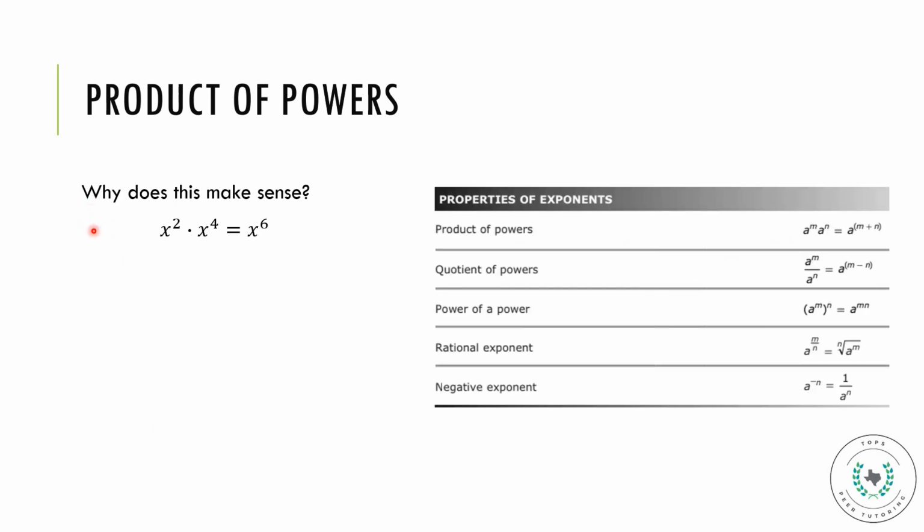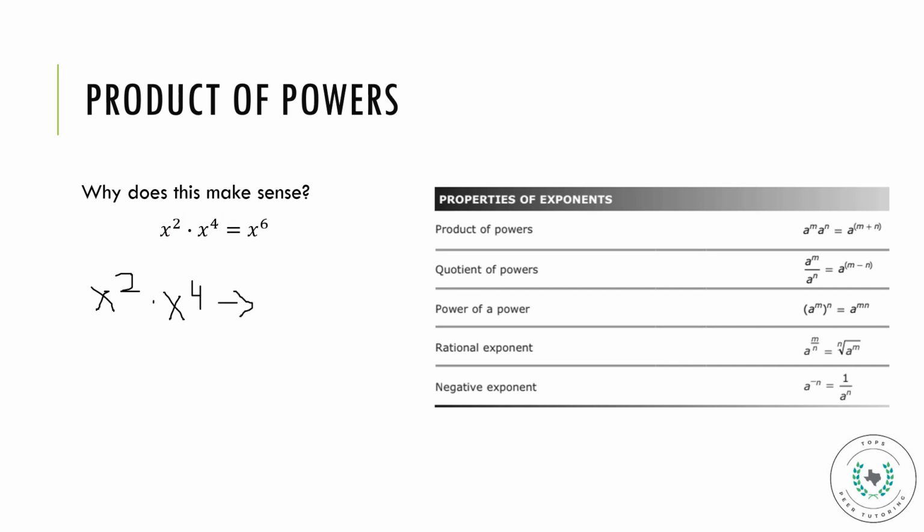So, with that being said, why does this make sense? Well, I'm going to explain it right here. So we have x squared times x to the power of 4 equals something. Now, once again, by the same rule that's shown right here, you are multiplying these two values, which means you're going to add the exponents of each value.